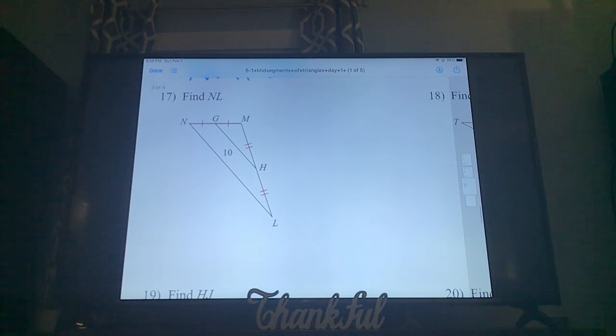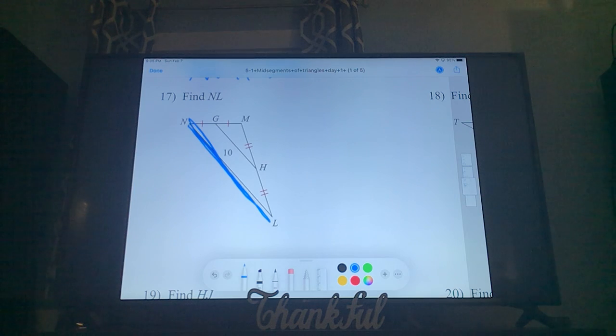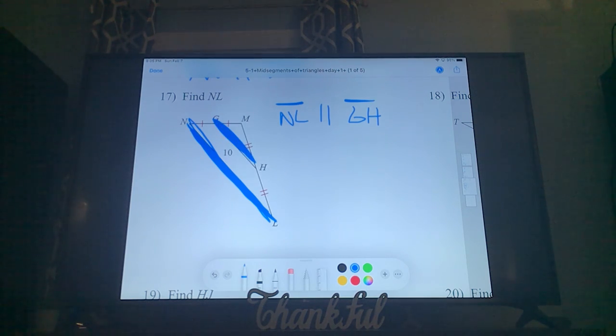Find NL. Here's NL, and the picture looks funny, but what do you know? What's parallel? NL is parallel to GH. Is GH smaller or bigger than NL? It's smaller.